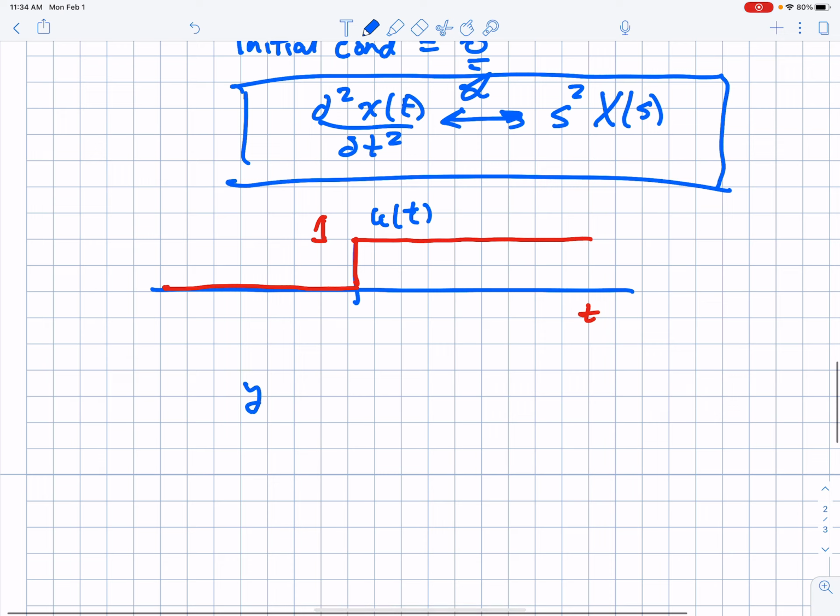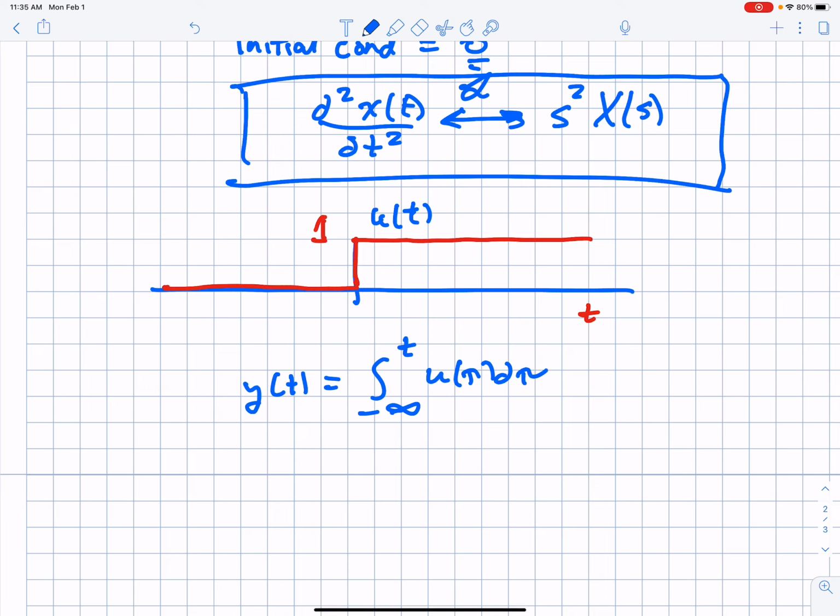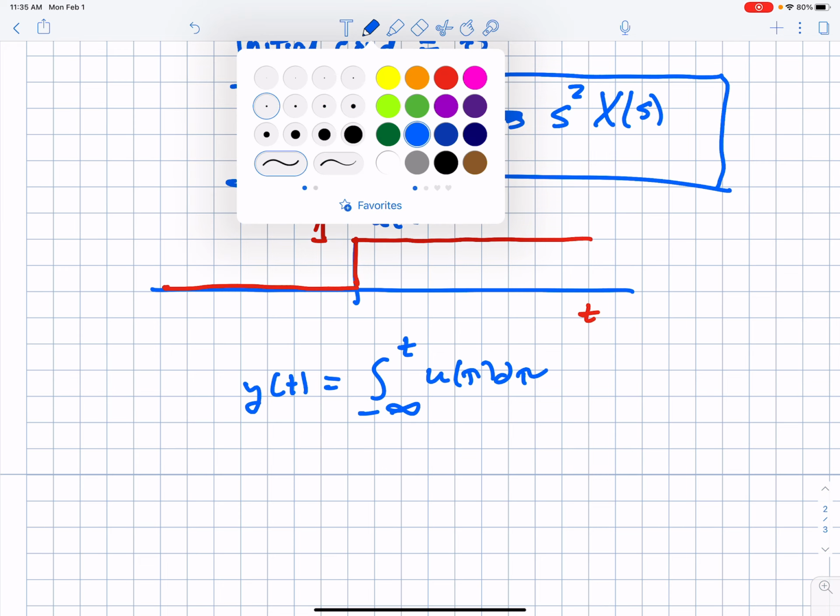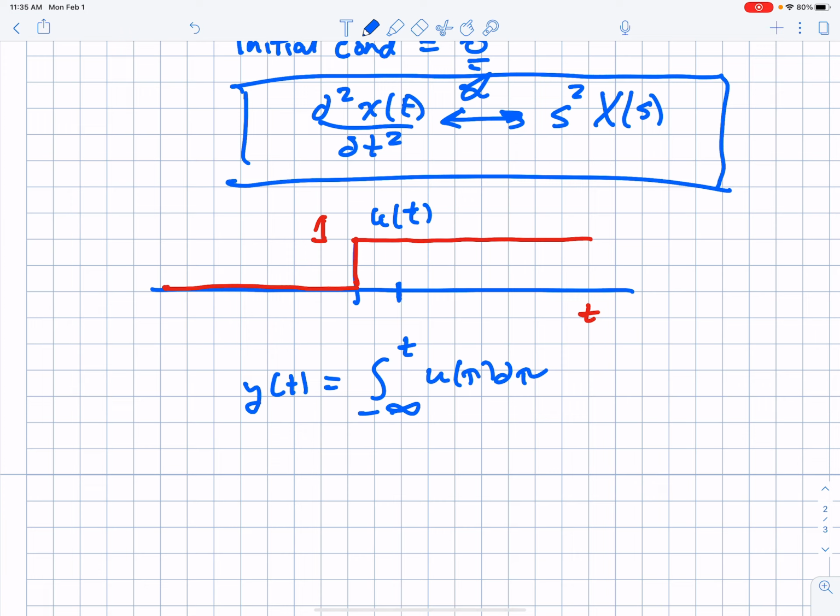What if I looked at y of t is equal to the integral from minus infinity to t of u of tau d tau? This would be the integral of that signal, okay? And the way that would work is I'm essentially looking at the area under the curve for different time values. So if I started at t0, I would get the area underneath the curve between 0 and t0.